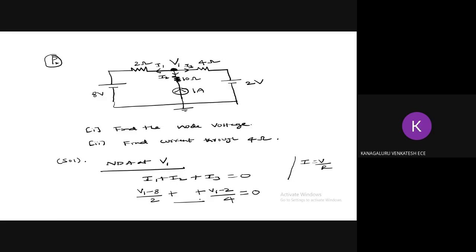Correct, it is a current source. Yes, in the KCL we have to add 1, no, sir? If it is a 1 ampere current source. So you are telling that I2 is 1. No, sir, not I2 is 1. You are nearby. I want you to think and say the answer.